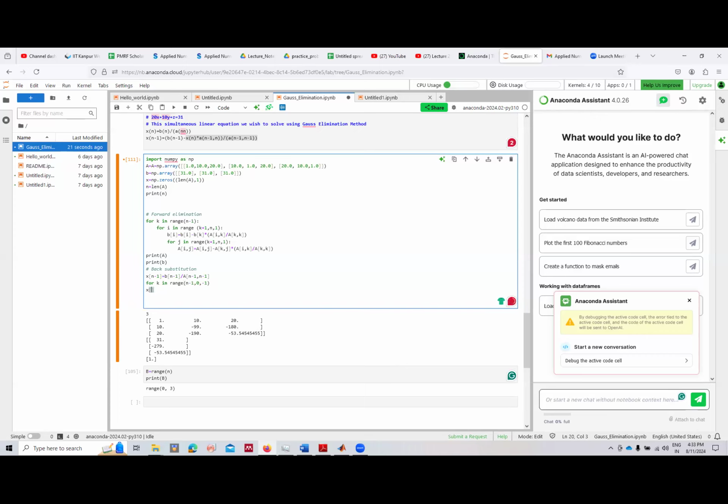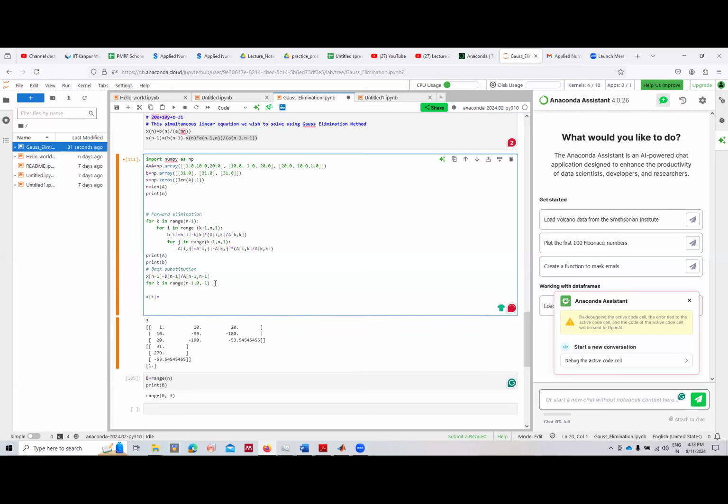So x of k will be equal to what? Some summation. So that sum I need to find. Suppose sum was initially 0.